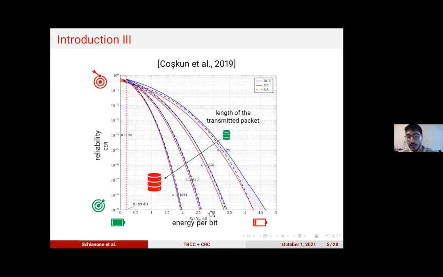SNR and energy per bit over N0 are only proportional. If you use SNR, the curves are only moved in this diagram, but it's just a proportion to pass from one to the other. But here we refer to the energy of the information bit.